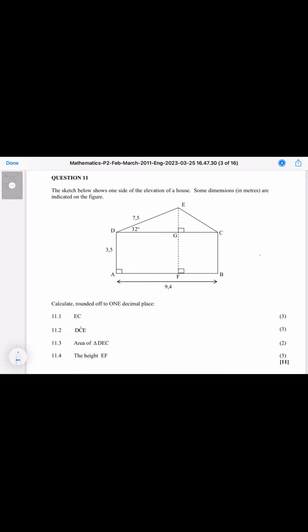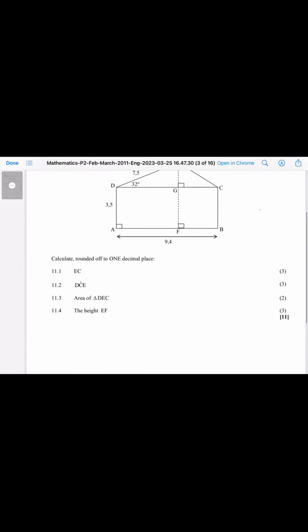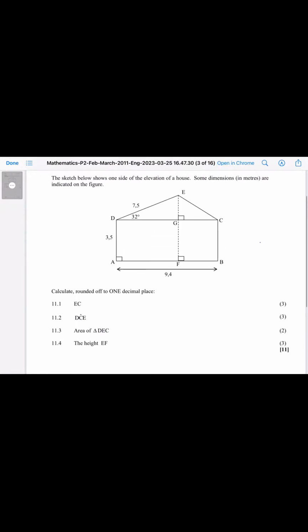They want you to now calculate the area of a triangle DEC. Let me try to draw that again.